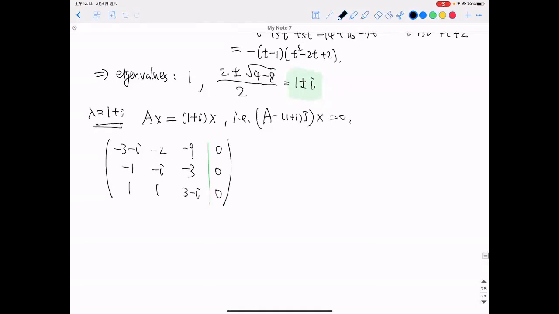Okay, so we're gonna have to get rid of the first entry. So we try to turn the first column into, well, we have to turn these two entries into zeros.